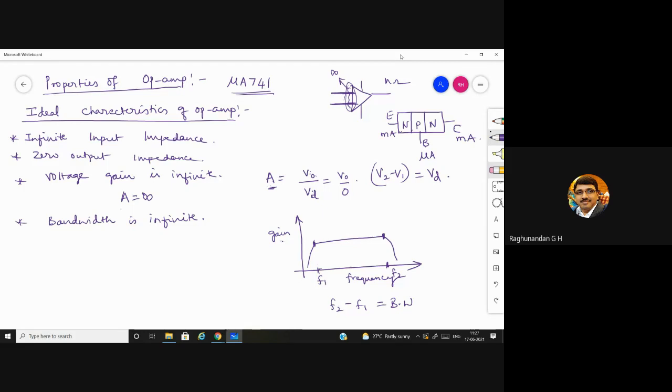Bandwidth is infinite in the sense that starting from 0, from 1 hertz also, it is always fully maximum. But practically, we are getting a curve like this. From a certain frequency the gain will be maximum, and again when it crosses a certain frequency, the gain starts reducing.